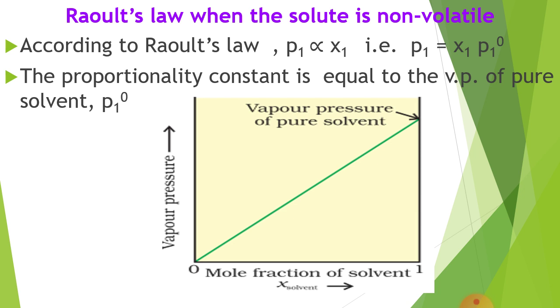The proportionality constant is equal to the vapor pressure of pure solvent, that is P naught 1. So look at the diagram again: vapor pressure and mole fraction of solvent. Here no solutes are there, so this graph is a straight line passing through the origin.